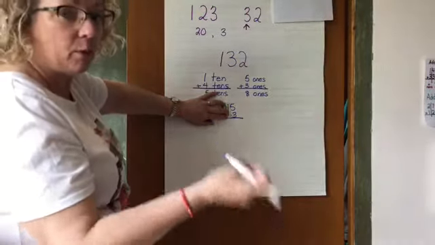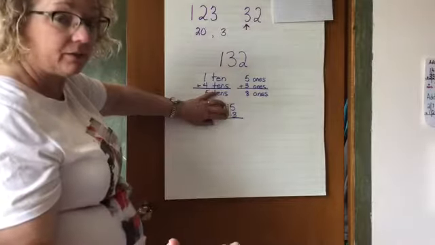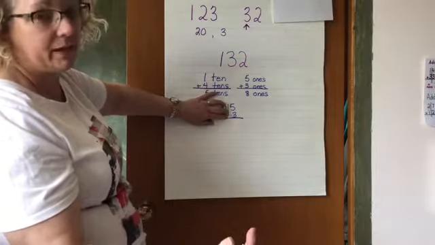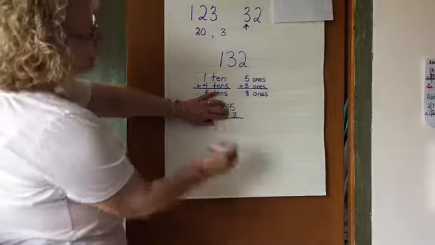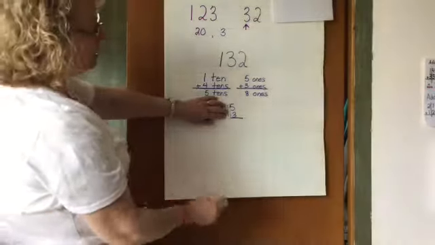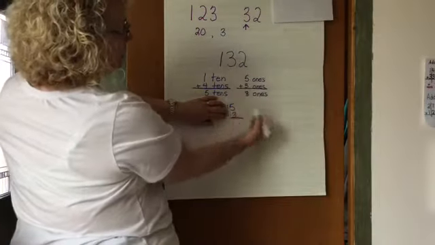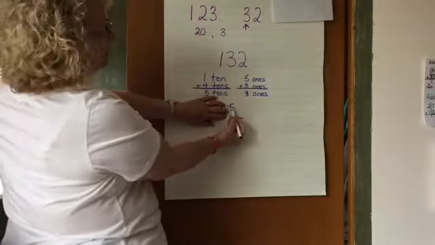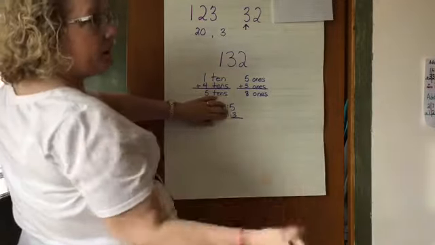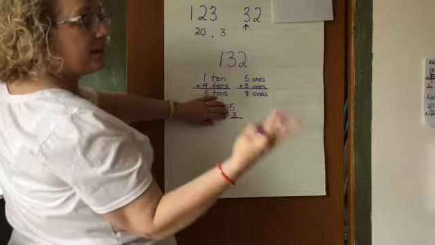Always, always, always, for the rest of your life, start at the ones column for this method of adding. Okay? So when I cover up the rest, because I don't want to get stressed with too many numbers, I'm just going to add my ones column. I start at the top. 5 plus 3 equals 5, 6, 7, 8. 8.